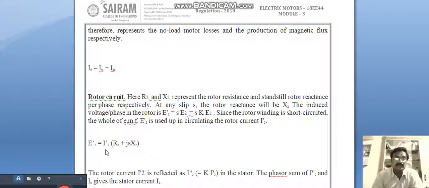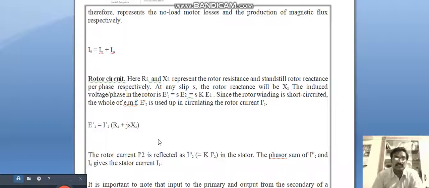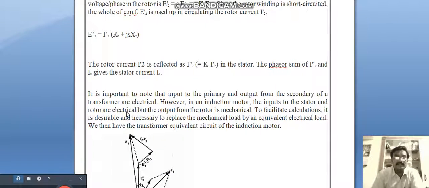So E2 dash is equal to I2 dash multiplied by R2 plus jS X2. The rotor current I2 dash referred to the stator, I2 double dash, is equal to K into I2 dash. The phasor sum of I2 double dash and I naught gives the stator current I1.